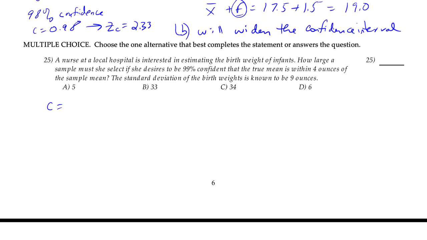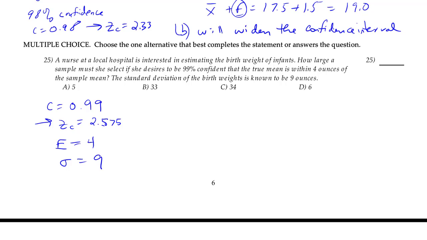They've given us a c of 0.99, which, if we look it up, will give us a Zc of 2.575. All right, and the true mean is within 4 ounces. So they're giving us a margin of error of 4. And the standard deviation, they're telling, is 9.